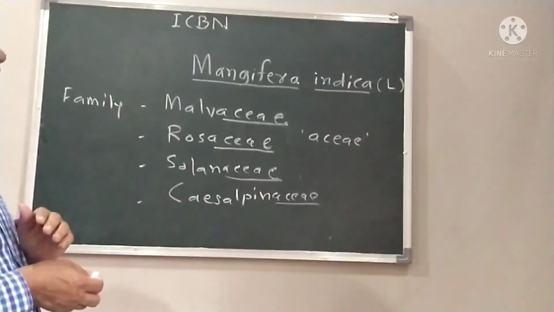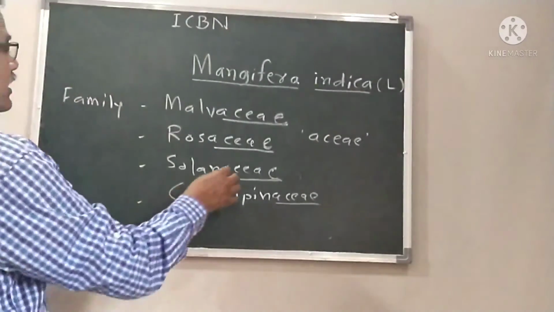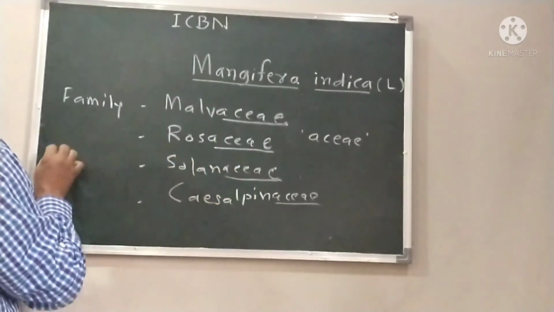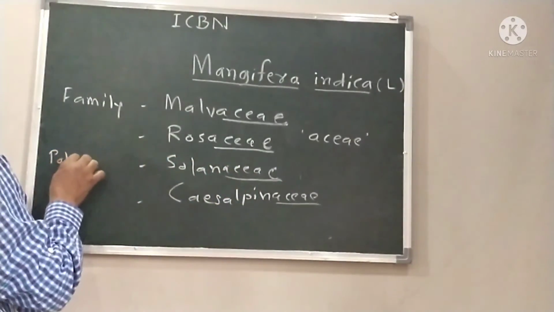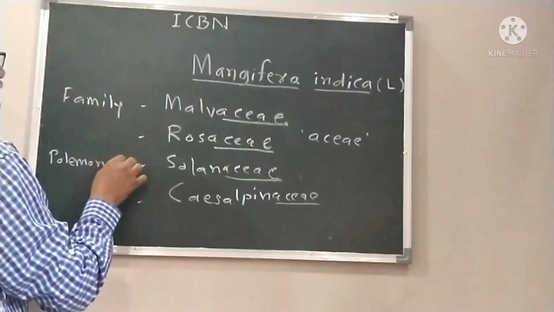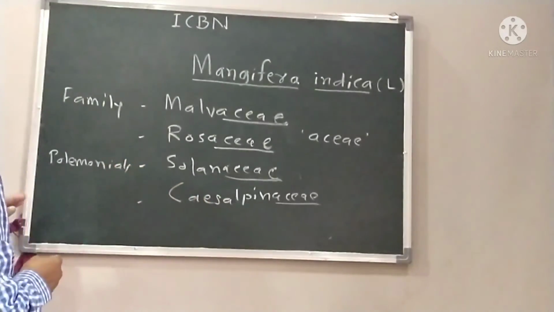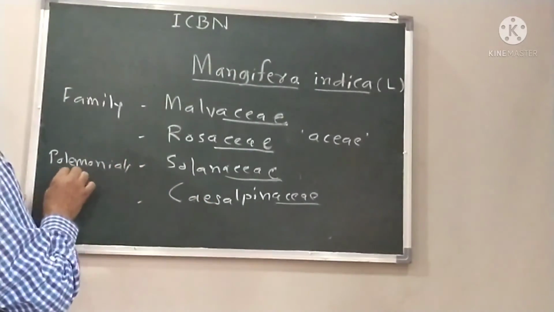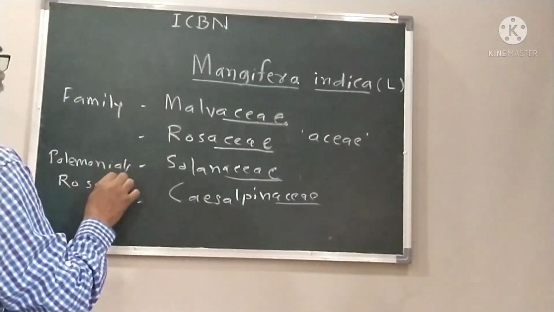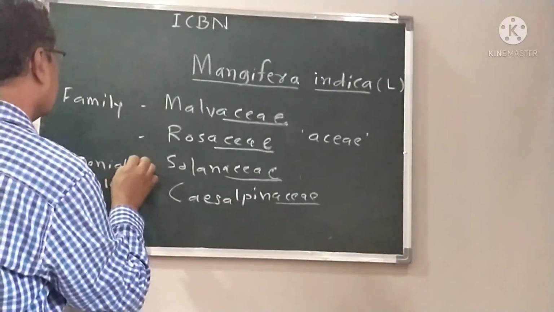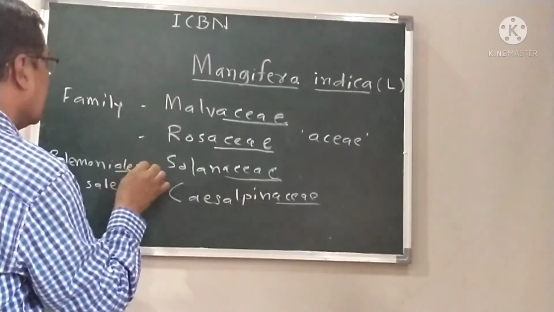Also the order, some here: Polemoniales. Solanaceae belongs to Polemoniales. Caesalpiniaceae belongs to Rosales. Rosales means ALES.